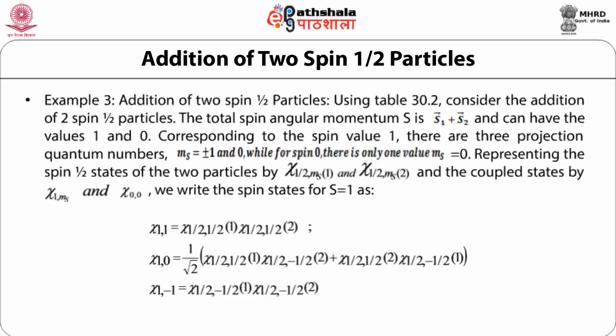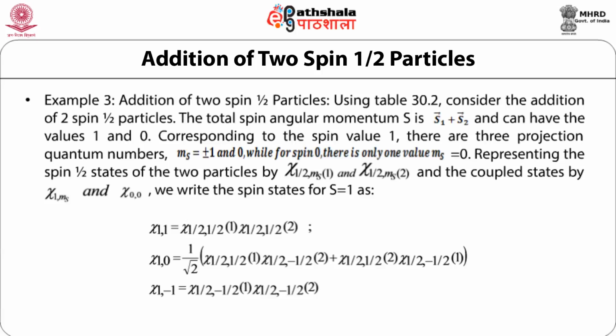So if our value of the total spin angular momentum is 1, then the total number of values that the magnetic spin angular momentum quantum number can take is 3, corresponding to ms equal to 1, ms equal to 0 and ms equal to minus 1. While for the total spin angular momentum 0, ms can only have one value, which corresponds to ms equal to 0.